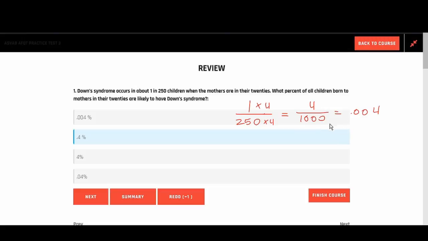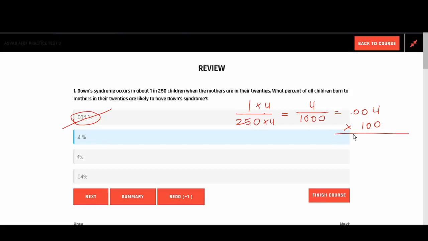Now this problem's a little tricky because we converted the fraction to a decimal, but we haven't converted the decimal to a percent yet. So if you selected this answer choice, you would have gotten it wrong. To convert this decimal to a percent, we have to multiply 0.004 by 100.